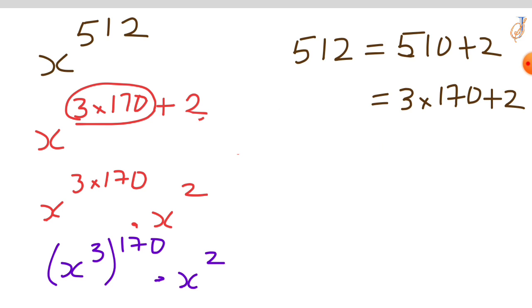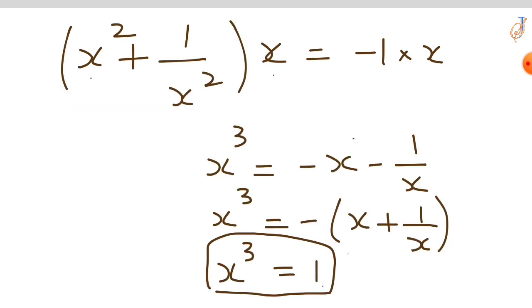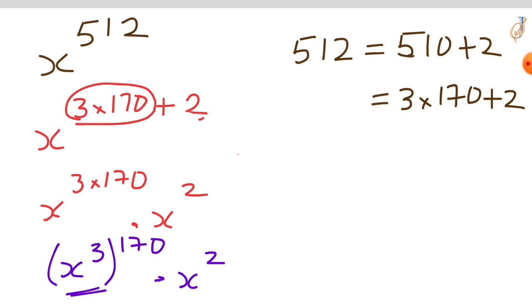We know that x power 3 is 1, so we can write 1 power 170 times x power 2. 1 power 170 is 1 only, so 1 times x power 2 is x power 2. After simplifying, x raised to the power of 512 is x power 2.